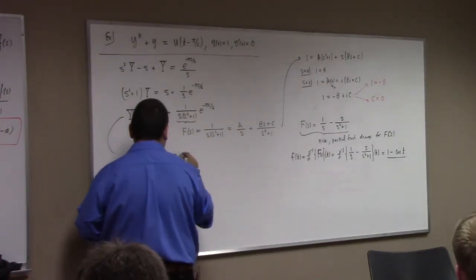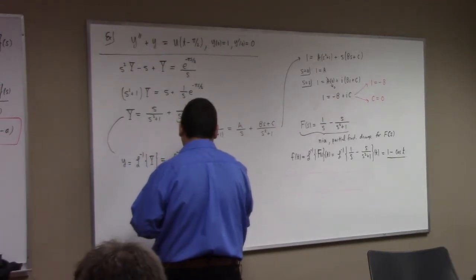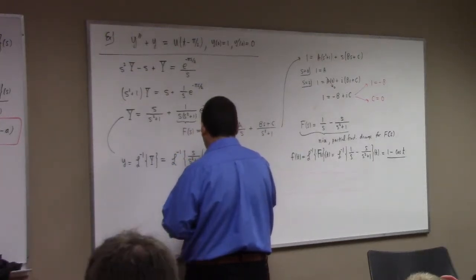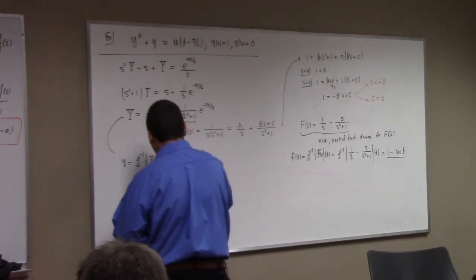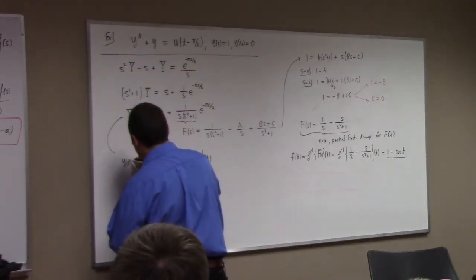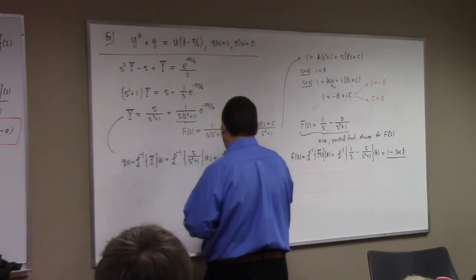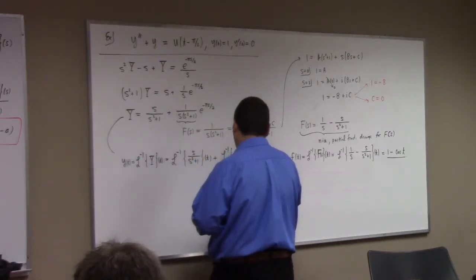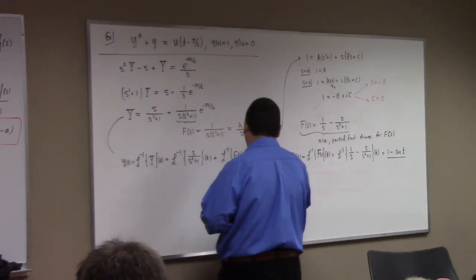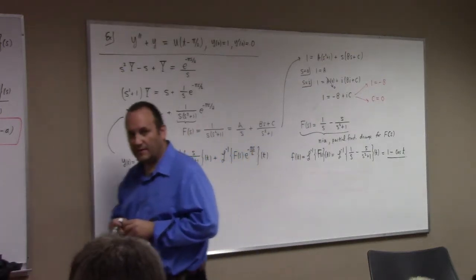Which is going to be the inverse Laplace transform of s over s squared plus 1 at time t, I suppose. Probably should put in my time dependence because that is kind of an issue here. Plus the inverse Laplace transform of f of s times e to the minus pi s over 2, where f has been defined on the board there.